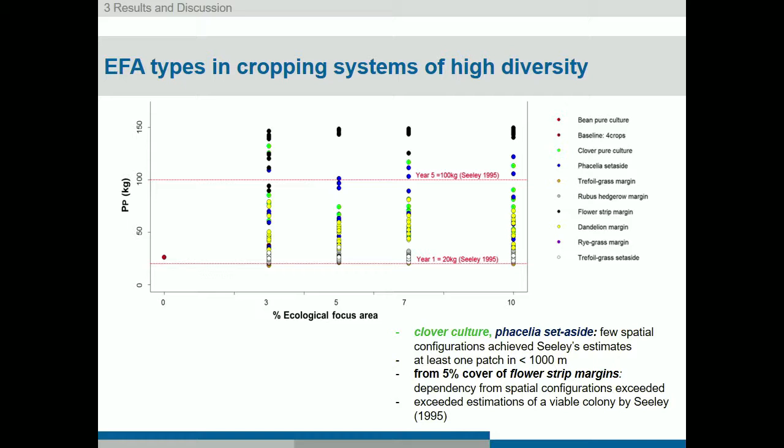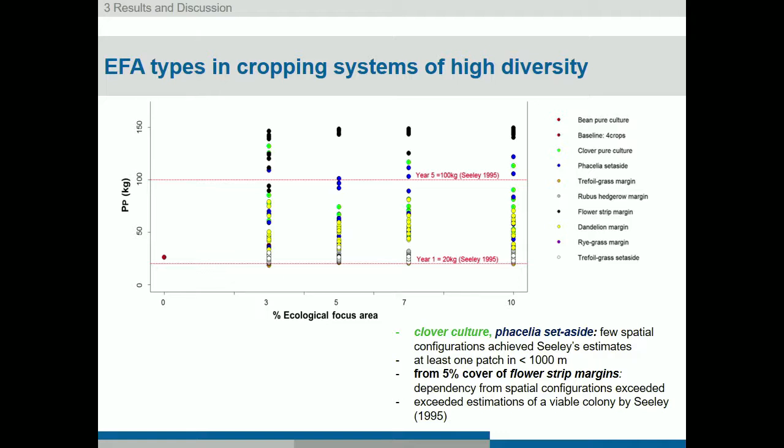If we have a cropping system of higher diversity, you can see that some spatial configurations of, for example, clover culture implemented as nitrogen fixing crop and also Phacelia set-aside exceeded this empirical threshold of pollen-to-worker productivity, because we have some fields located really close to the hive.